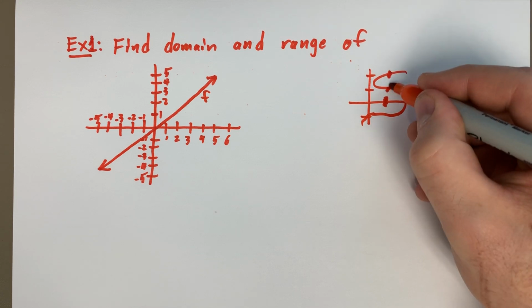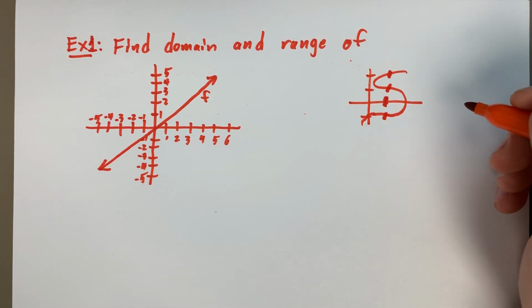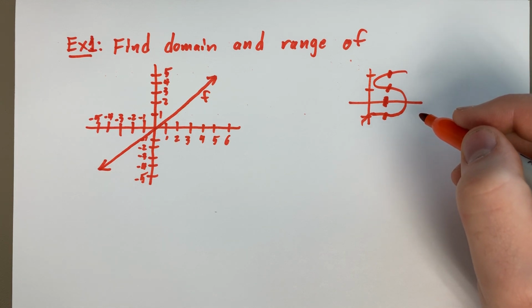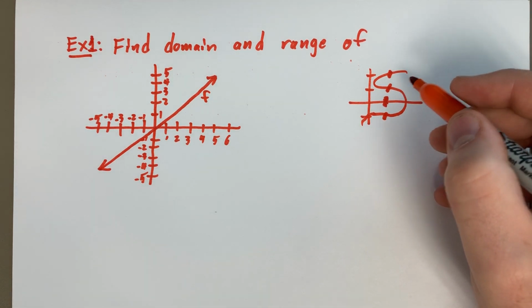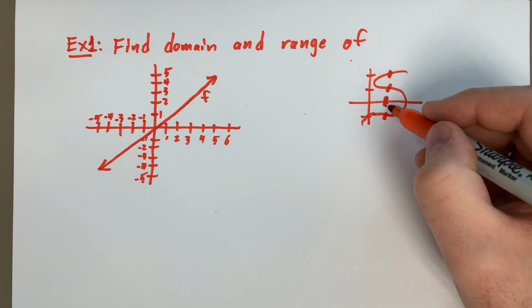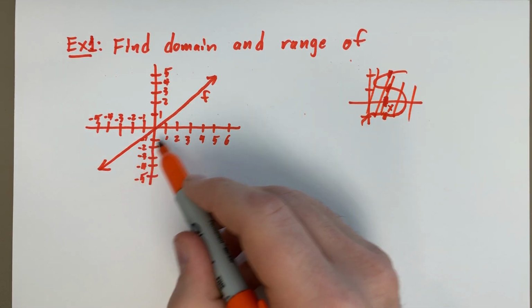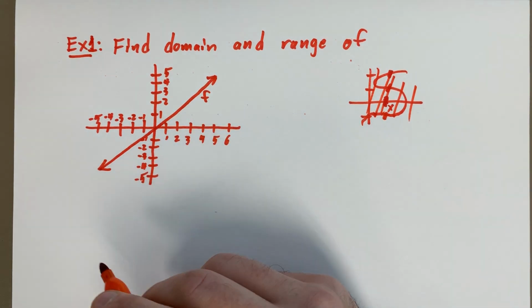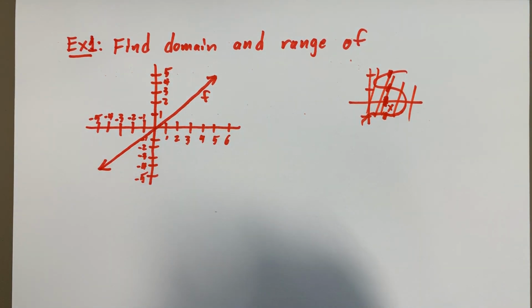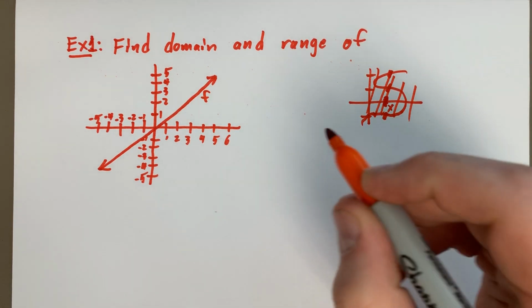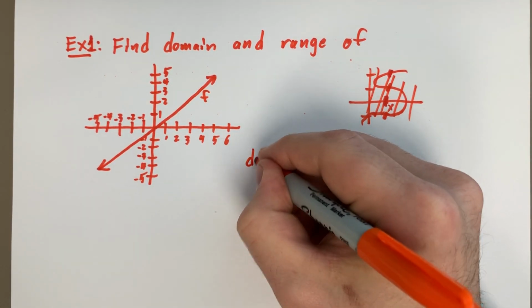It could be here, or it could be here. So in this case, this would not be a function. As I said, not every graph is a function. So I don't know which y value comes out for this particular x value, so that's not a function. However, each x value plugged in here gives me exactly one output, or one y value, so this is a function, okay? So what's the domain of this guy?